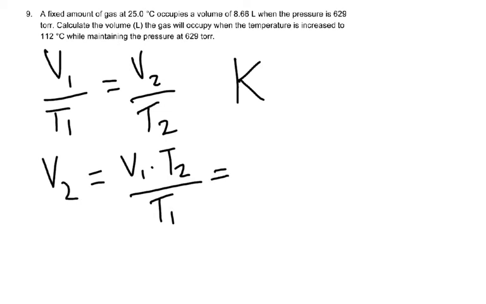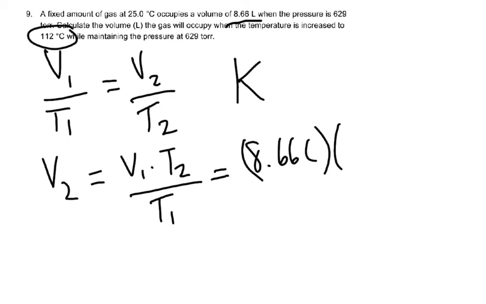So we have 8.66 liters times T2, which is 112 degrees Celsius. We're going to add 273.15 to that.